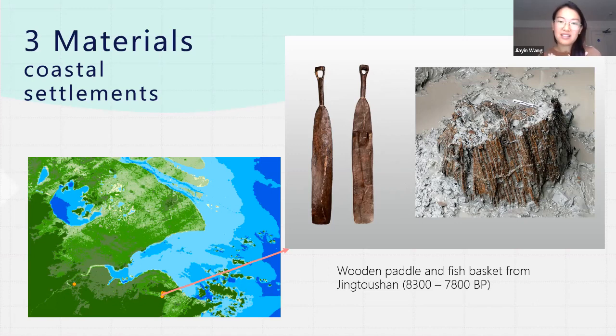So given the existence of this shell midden, we can expect that more sites like Jingtoushan would be found in the near continental shelves, like in this area, underwater in the future. That would provide a much more holistic scenario of earlier coastal people's lives.